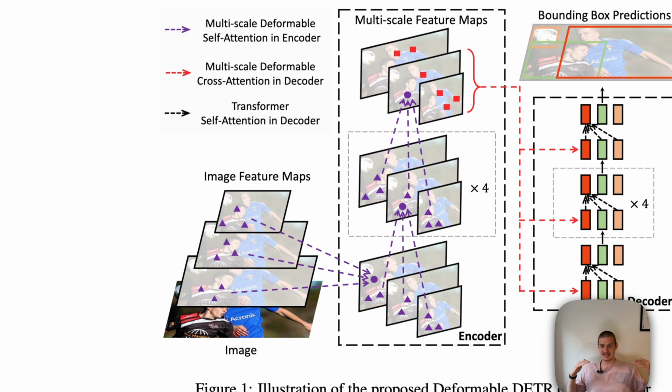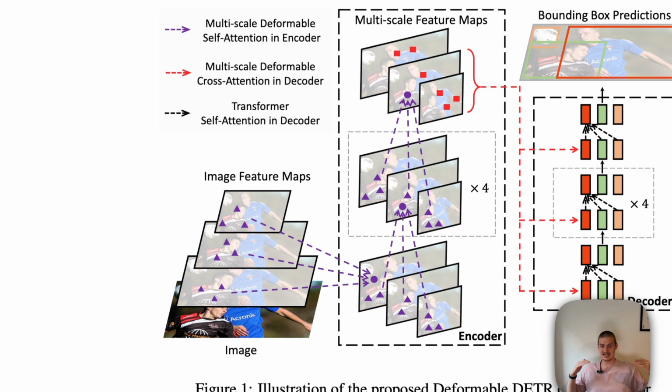Same goes for attention weights. So self.attention weights is again just a linear projection, now slightly smaller. So the shape of that is 2 by 15K by 8 by 4 by 4. So again, 4 scales, 4 points per scale, 8 attention heads, but then attention weight is just one number.